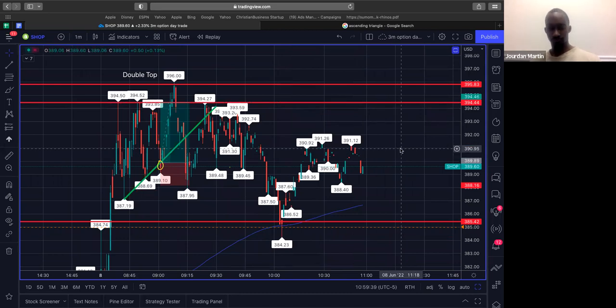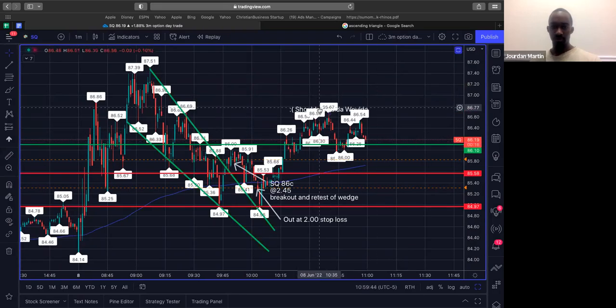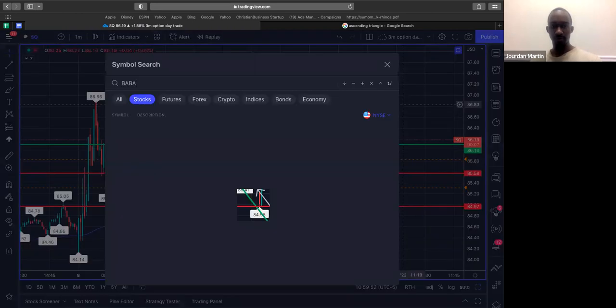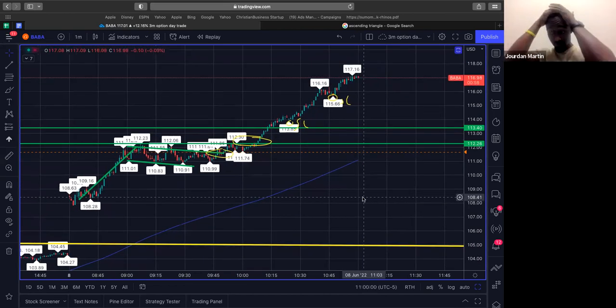Had SQ, where we traded the falling wedge breakout. Took a loss on that, and then it did end up going back up to the top anyway, which is fine. And then Alibaba, which is still running, traded the bull flag breakout. So far today, that's 3 for 4.